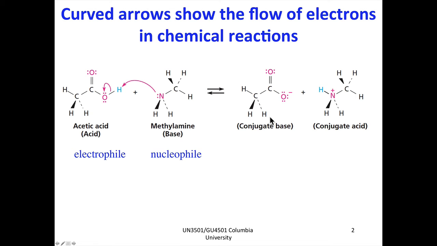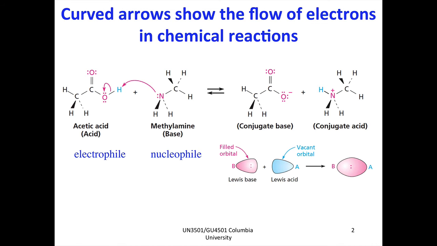So in that case, the conjugate base oxygen of the acetate would be the nucleophile, and the conjugate acid, the protonated amine, would be the electrophile. So the nucleophile is always the species that is donating the electrons, and the electrophile is the species that is receiving the electrons. We can think about that from the orbital standpoint.